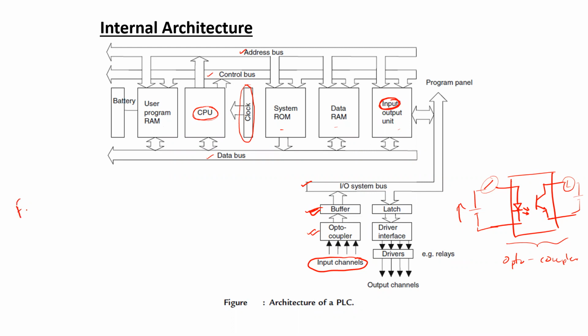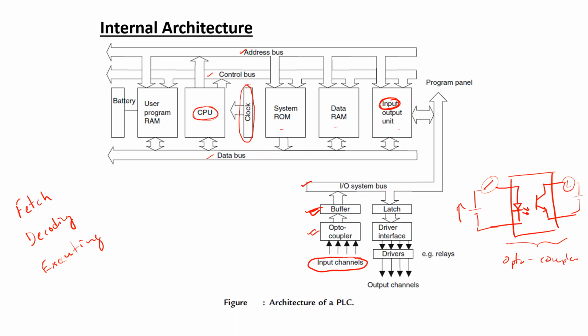It can be considered to be three steps, that is fetching the data, then decoding the code which is written by the user or instructions which are provided by the user, and then executing the code and providing the necessary operation in terms of writing some data or sending some signal to the output devices.